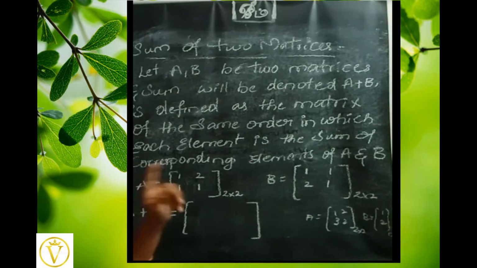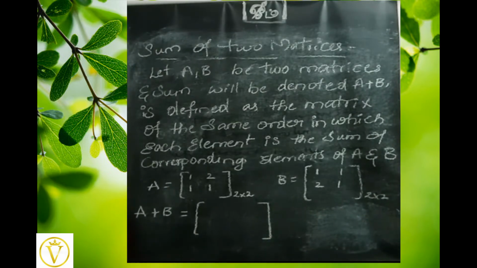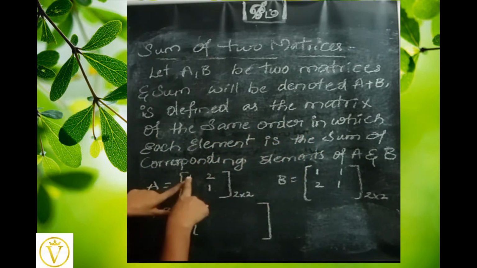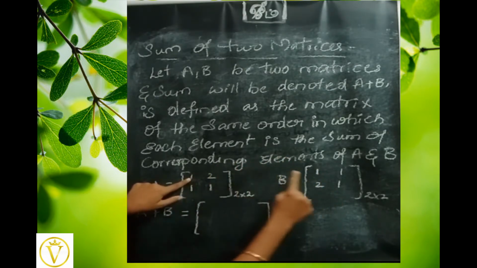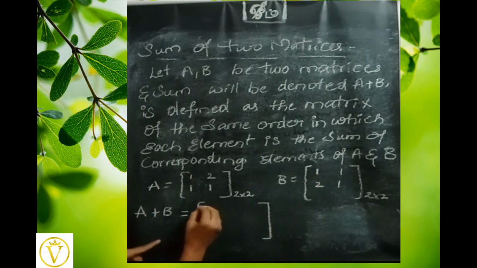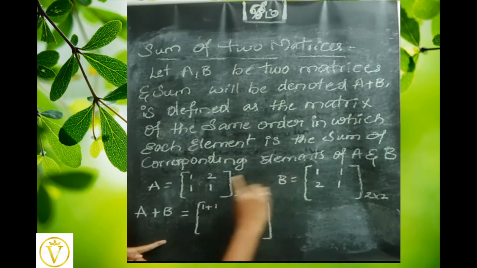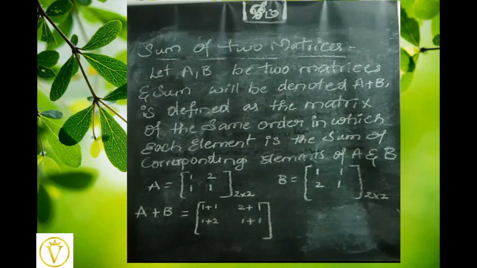So we can make the sum here. If both matrices are of the same order, then only can we make the sum. Each element is the sum of the corresponding elements. The corresponding element for 1 is 1, so 1 plus 1, then 2 plus 1, 1 plus 2 and 1 plus 1.